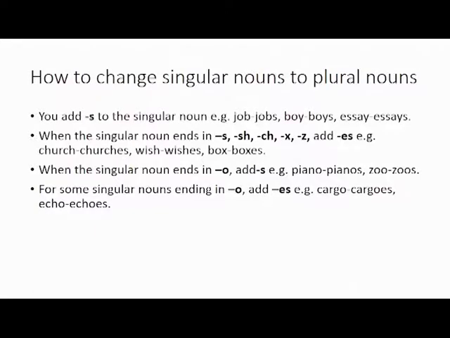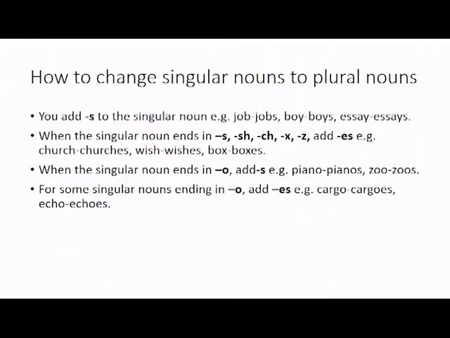You add the letter S to the singular noun. For instance, job becomes jobs, boy, boys, essay, essays, chair, chairs. But when the singular noun ends with the letters s, sh, ch, x, or z, you add es at the end.